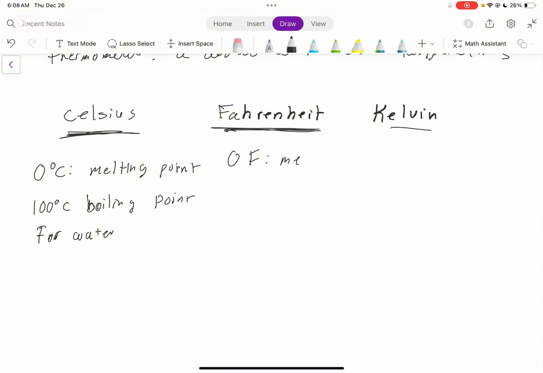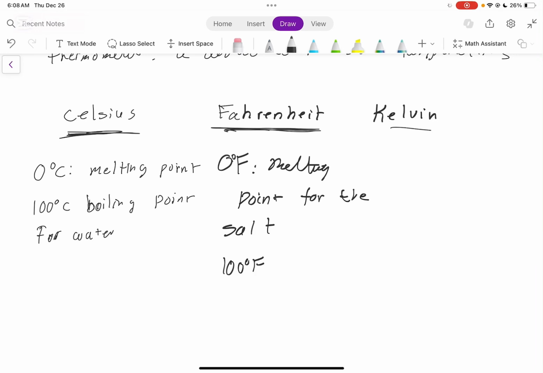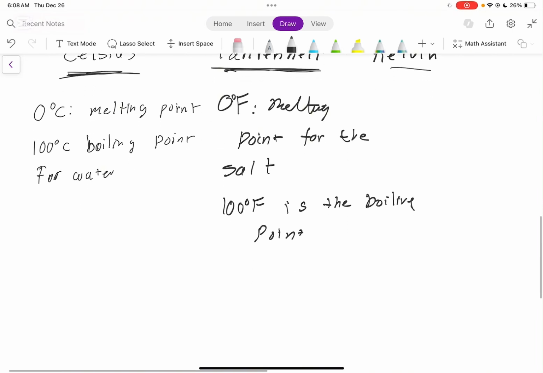It's a mixture of water and salt. That's what I was looking for. Because 0 Fahrenheit isn't the melting point for water, but for the salt in the water. And 100 Fahrenheit is the boiling point for brine, or the salt again.